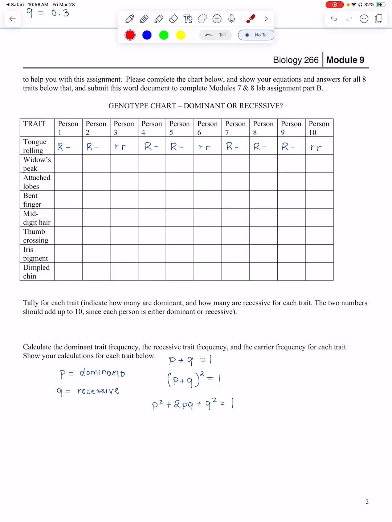And so the first question is asking us to tally up each trait to figure out which are dominant and which are recessive, and that our calculations should equal 10 because we have interviewed 10 people. And so I'm going to write out dominant versus recessive.